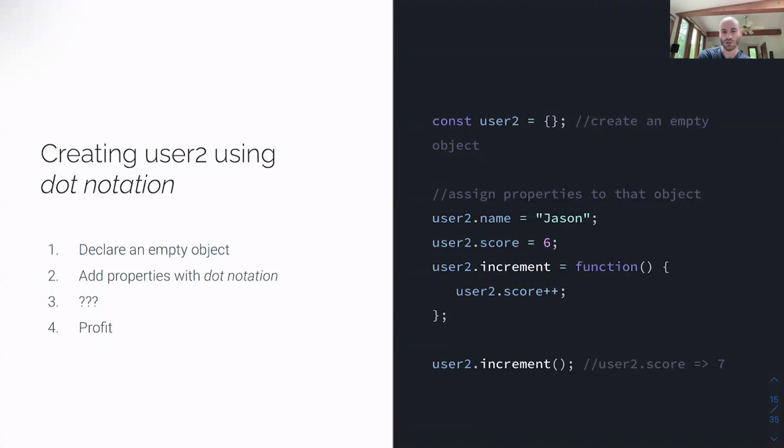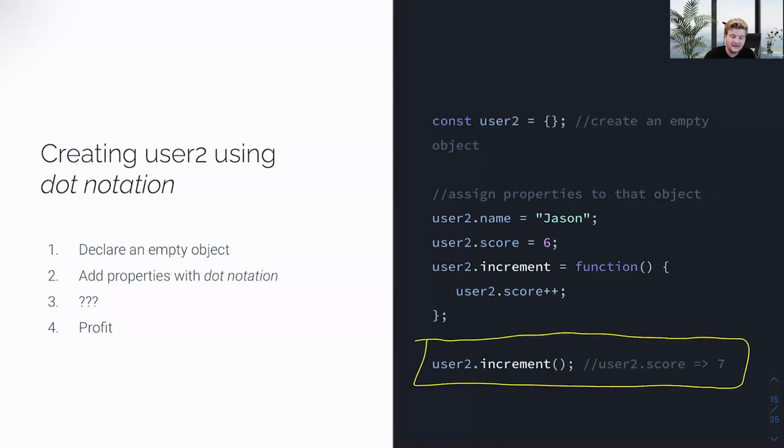User2.increment is going to create a method, and it's going to create a function definition that follows as user2.increment the score. And then after we finish populating our object, we are going to invoke the increment method in the line user2.increment.